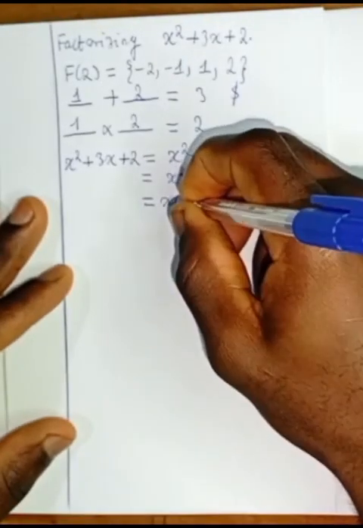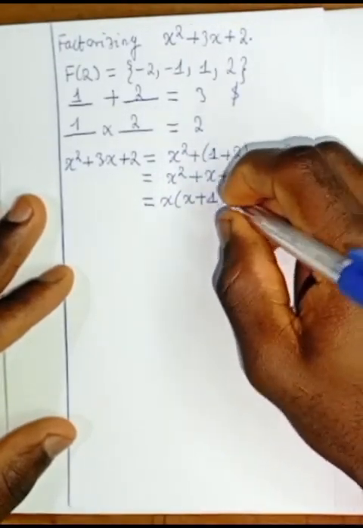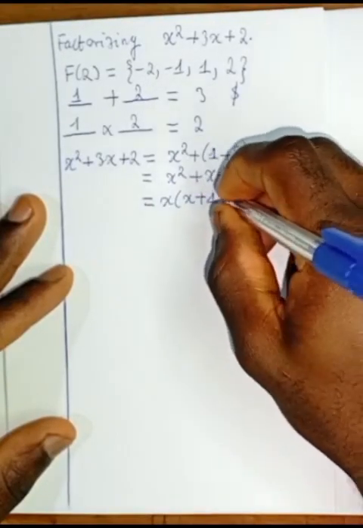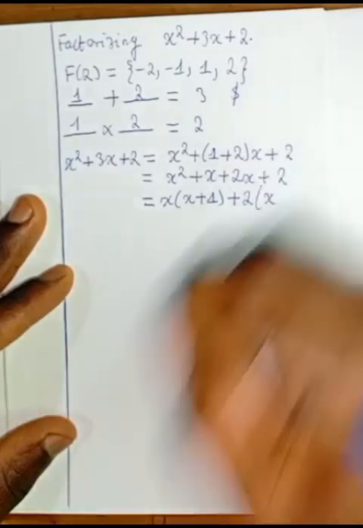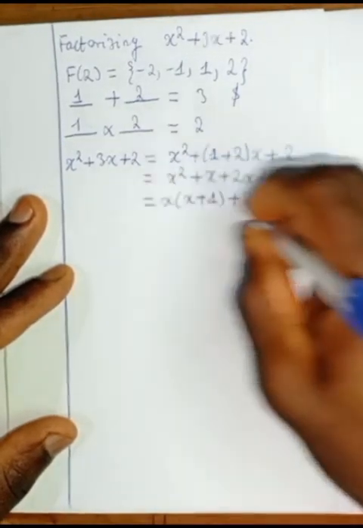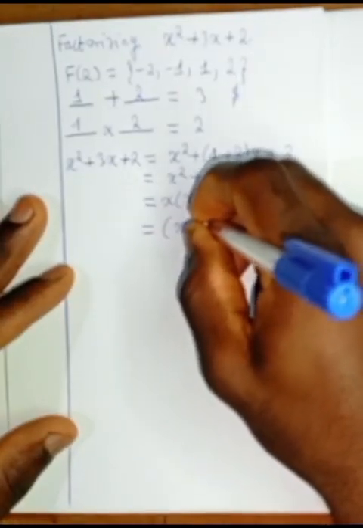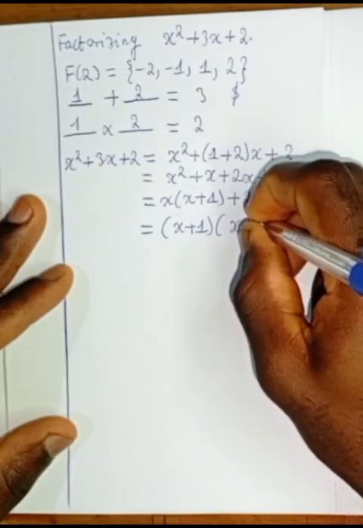Take the first pair, x is common, times x plus 1. X times x gives x squared, x times 1 gives x. Plus, for the second pair, we factor out 2. 2 times x gives 2x, plus 2 times 1 gives 2. We have two terms in which x plus 1 is common, x plus 1 times x plus 2.